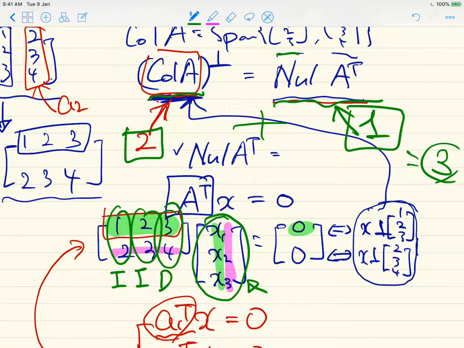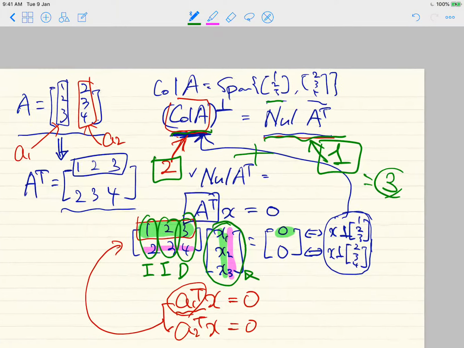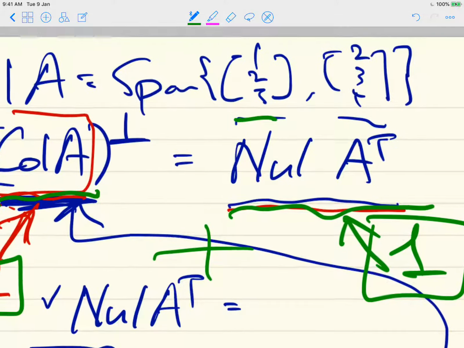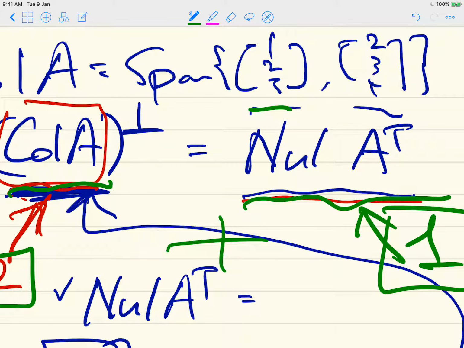So in that sense, the notion of complement is still holding true, right? So again, the point is the column space of A and its orthogonal complement is the null space of A transpose.